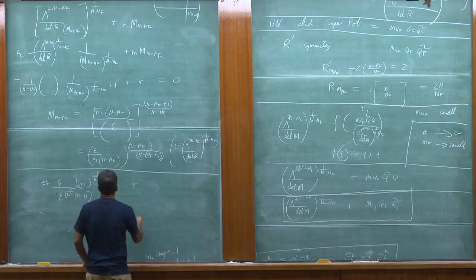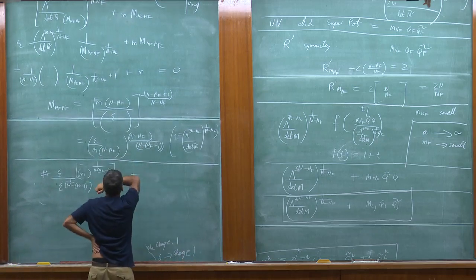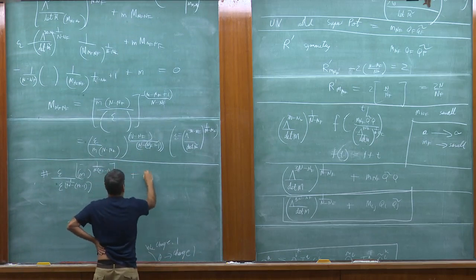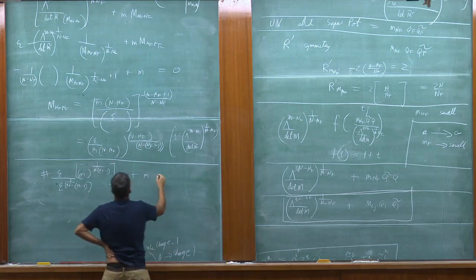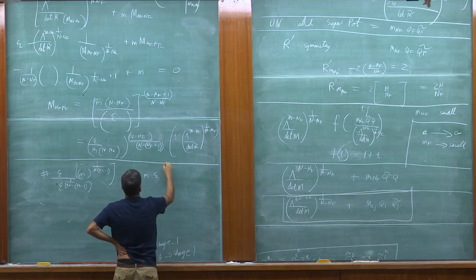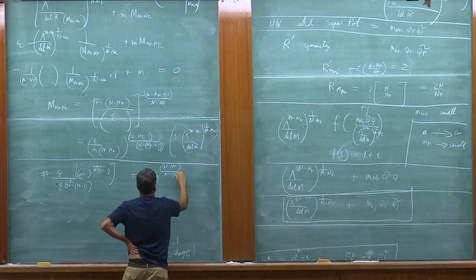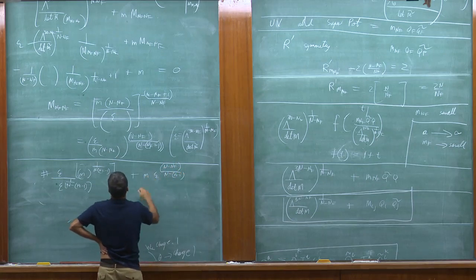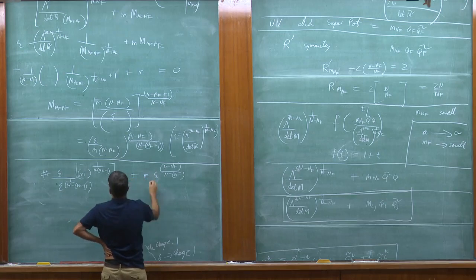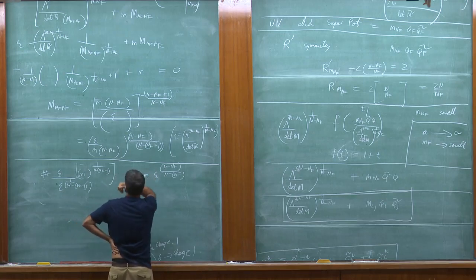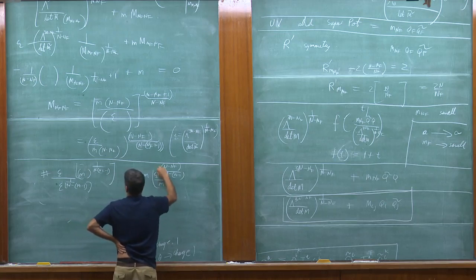Okay, and then there was the other term, which was m times this quantity, zeta to the power n minus nf divided by n minus nf minus 1, divided by zeta by m to this power.